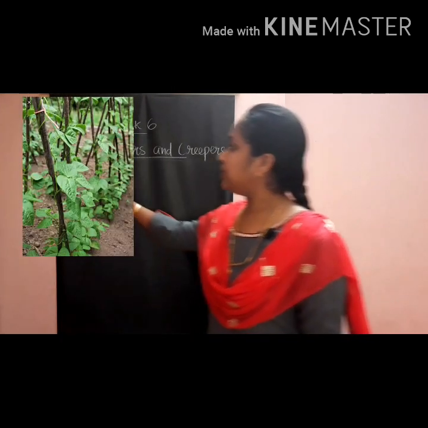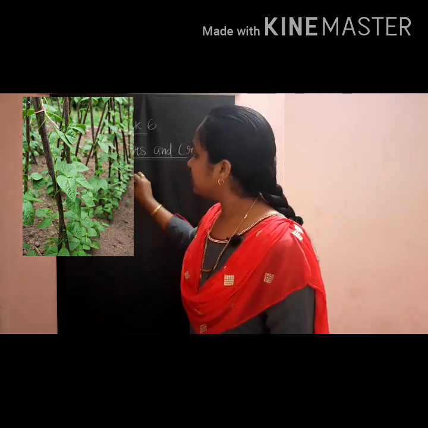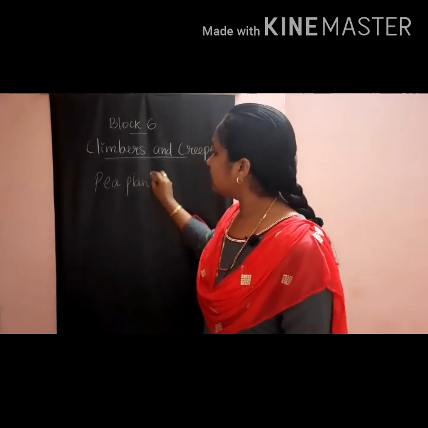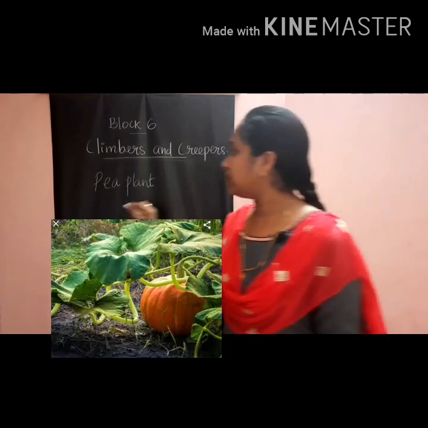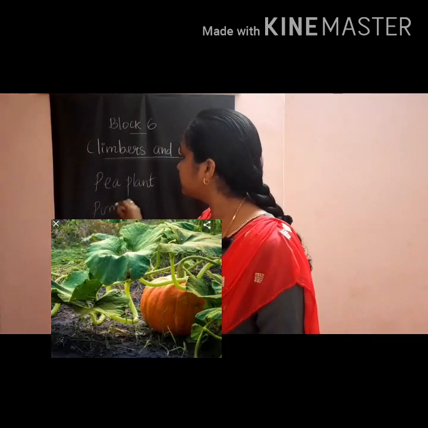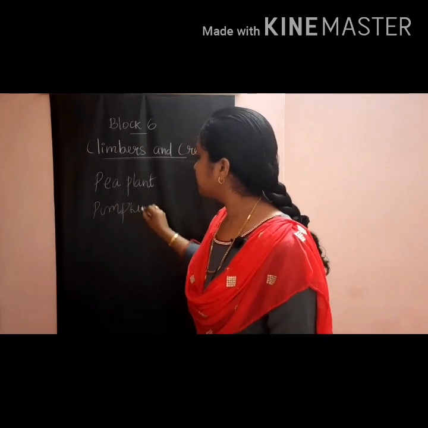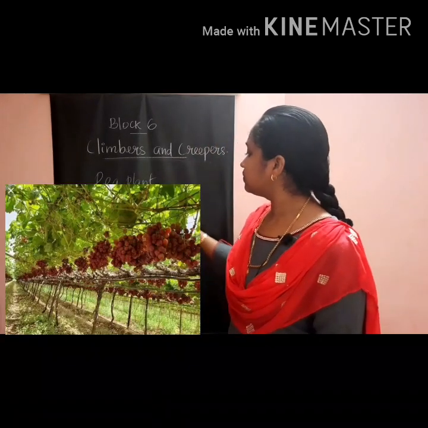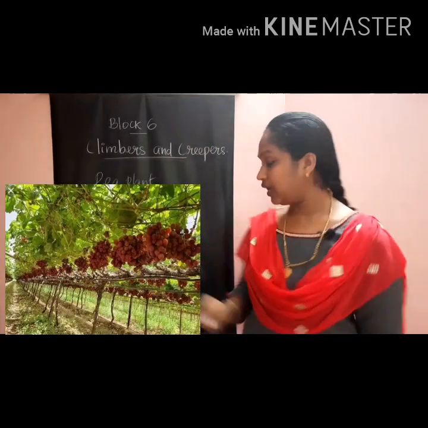We can see a pea plant. Then next is a pumpkin plant. Next, grape.